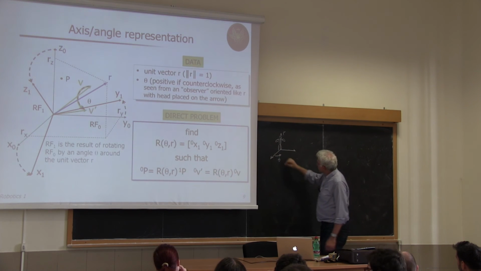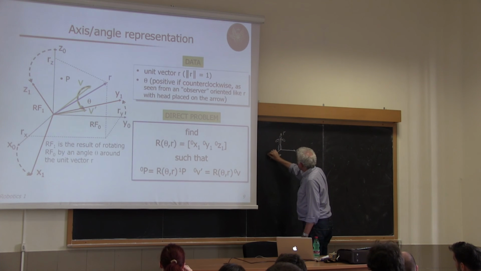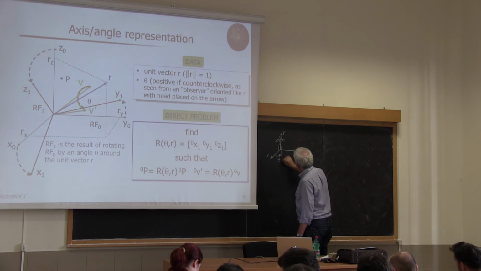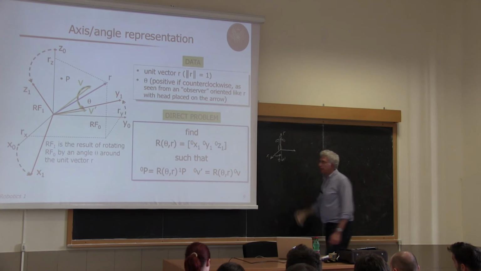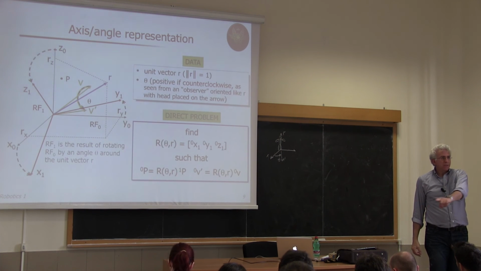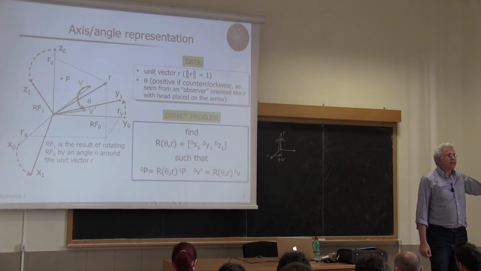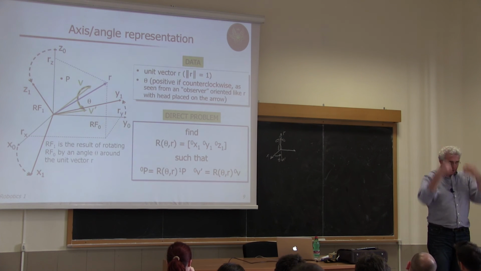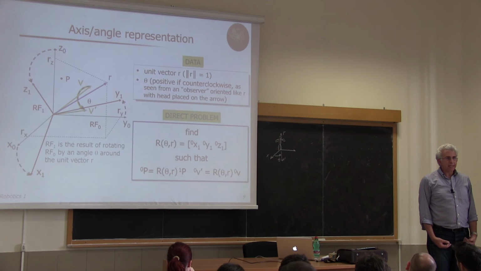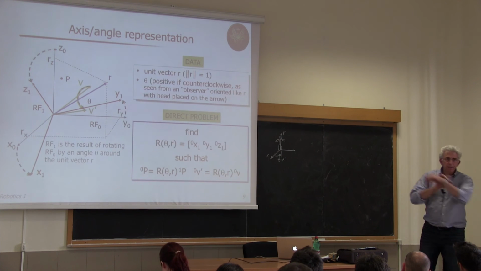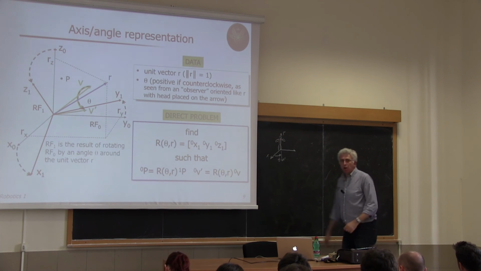And in particular, if this is, I call this axis x or whatever, I will go to x prime by an angle theta. Remember that we compute positive angles when we rotate counterclockwise around an axis. So when I'm standing like the axis of rotation, I see the axis rotating like the opposite of our clock.